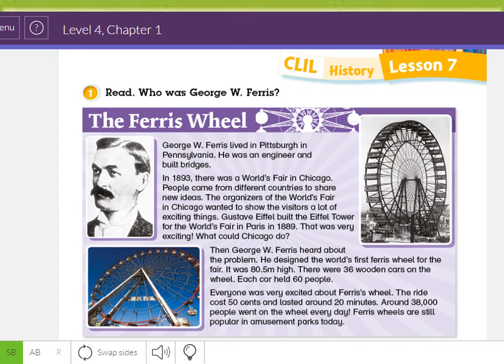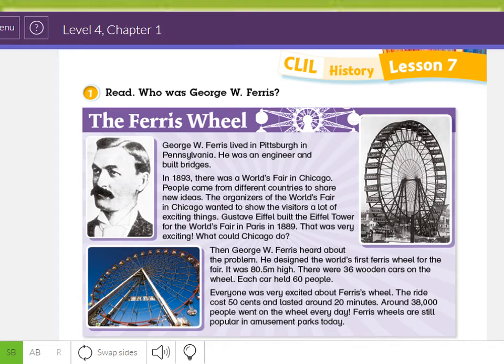Everyone was very excited about the Ferris wheel. The ride cost 50 cents and lasted around 20 minutes. Around 38,000 people went on the wheel every day. Ferris wheels are still popular today.